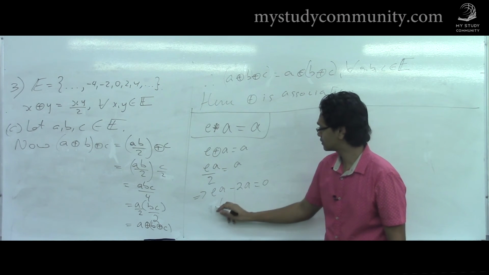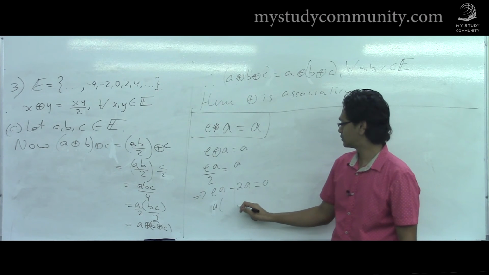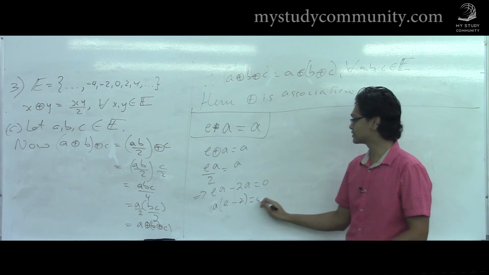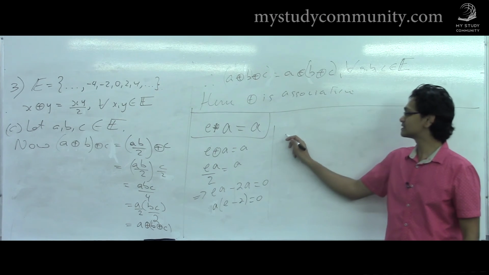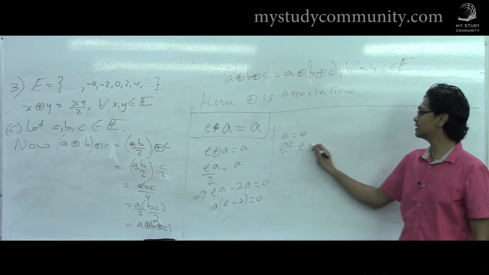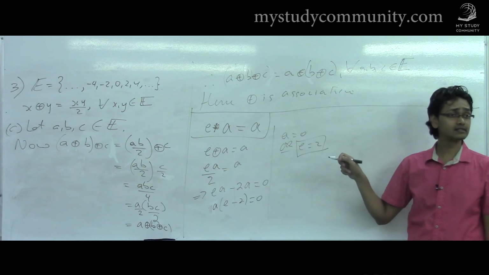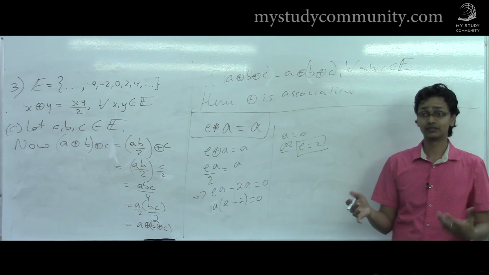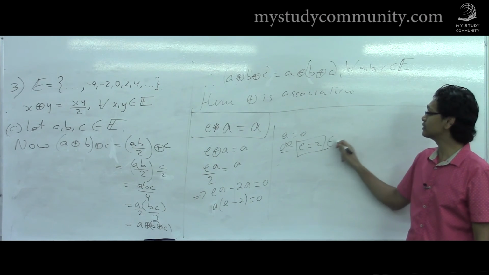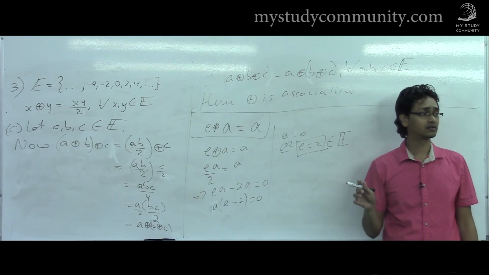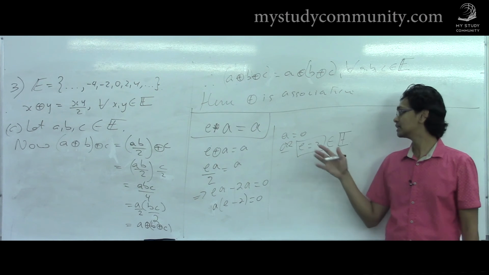A into E minus 2 equals 0, and this gives A equal to 0 or E equals 2. Yes? Again, I don't want A, I want E. So E equals 2, and E equals 2 is in my set. So therefore, it is the identity.